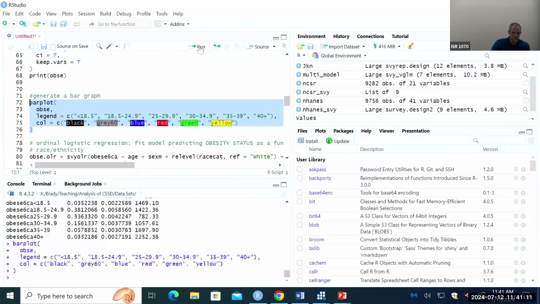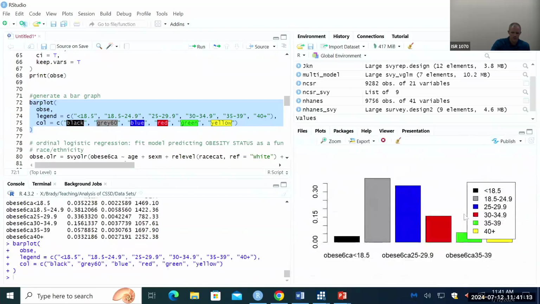I just need that OBSE object to begin with. So again, not beautiful at the beginning. I can play around with this a little bit, play around with the fonts, play around with where I put the legend, but you see the basic idea there. I can use the information generated by survey mean to create this histogram, or not histogram, but bar chart of the weighted proportions within each of these categories.